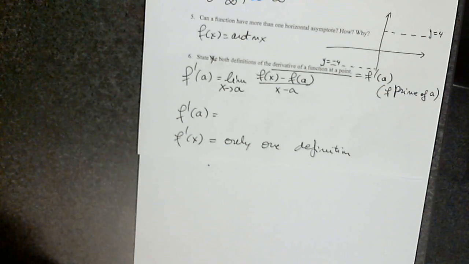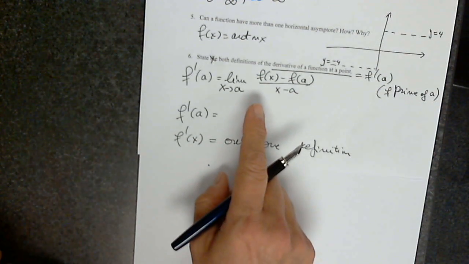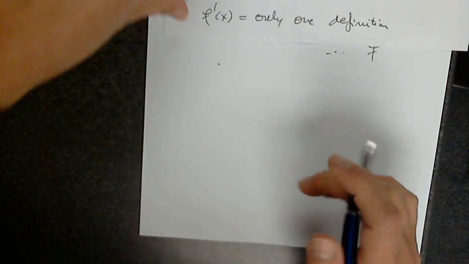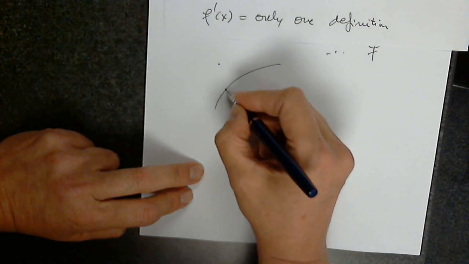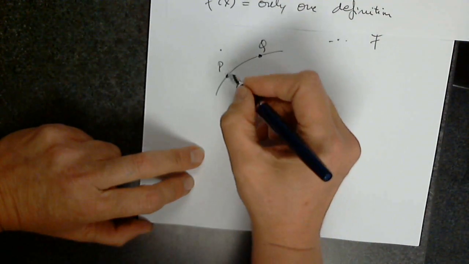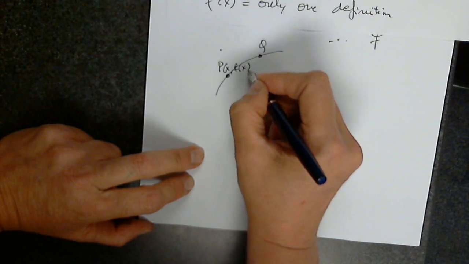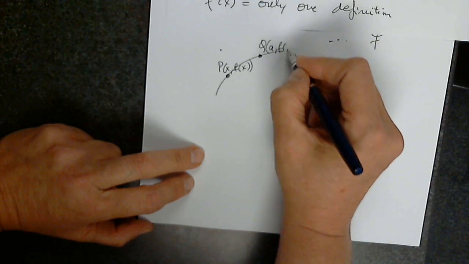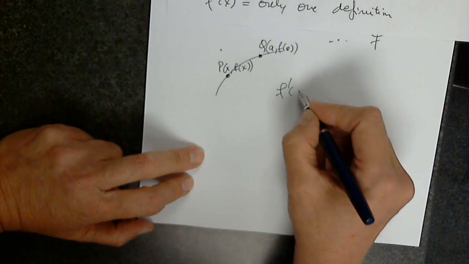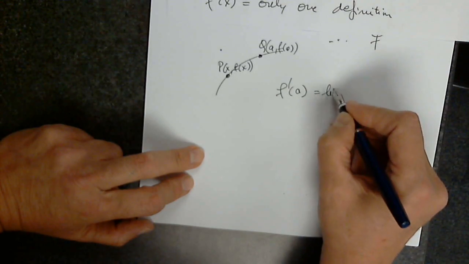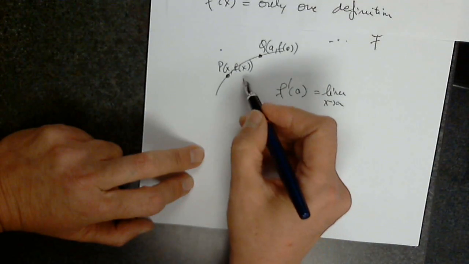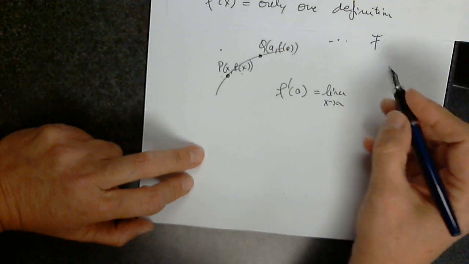We know this because we have point P and point Q. Let me remind you. Here it is. This is point P. This is point Q. Point P has x, f of x. Point Q has a, f of a. So f prime of a will be limit as x approaches a of f of x minus f of a over x minus a.